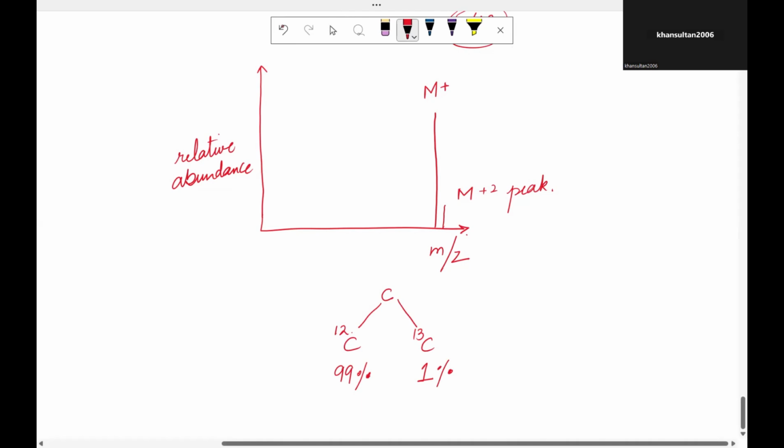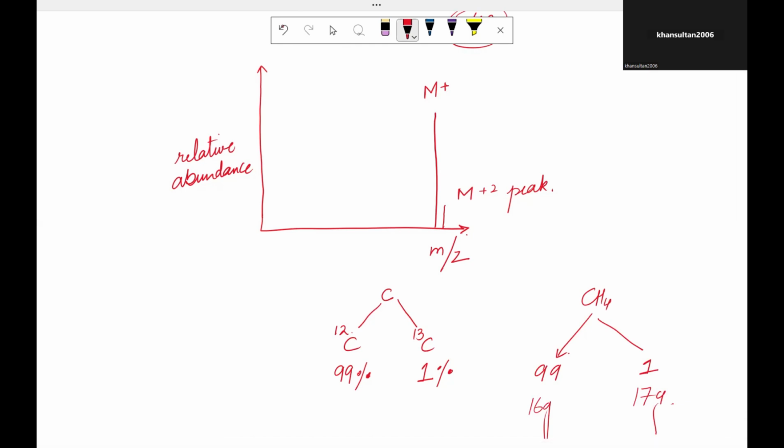For example, if you are having CH4, then 99 of them would have 16 grams and only one has 17 grams.